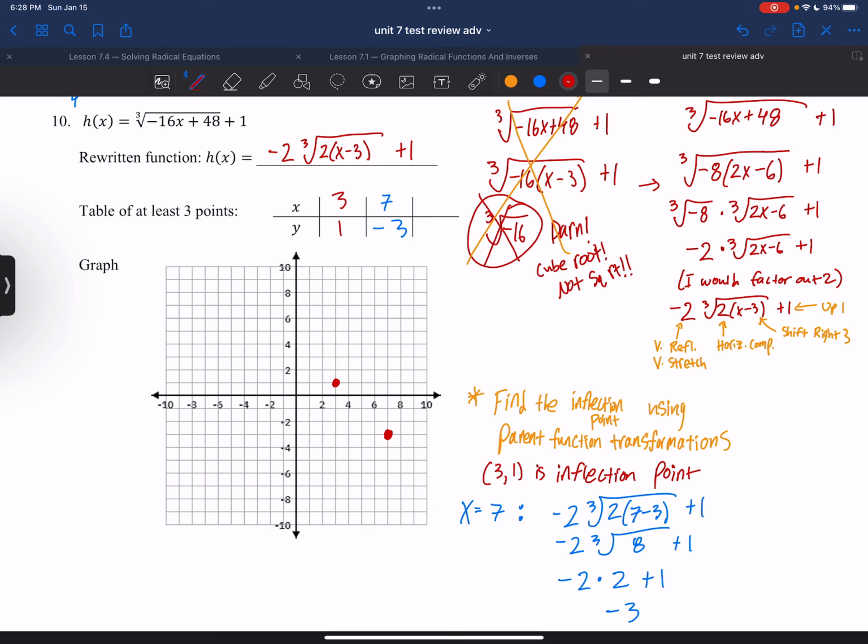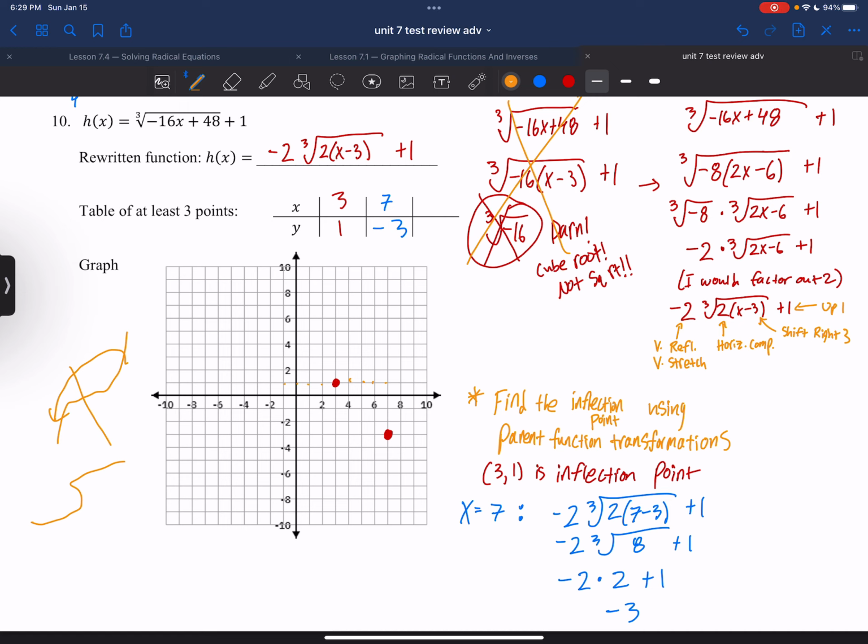Now, hey, by the way, this is a hint. This is a trick. Cubics and cube roots have a type of symmetry. They have diagonal symmetry, which means if I flip this diagonally, it's over there. So look, I found this point. It's 1, 2, 3, 4 over to the right. So to find its symmetrical point, I'll go 1, 2, 3, 4 to the left.